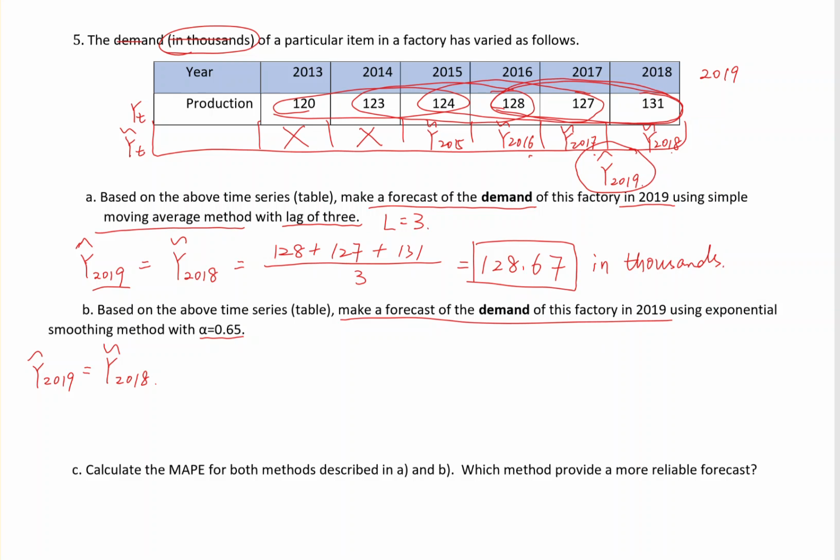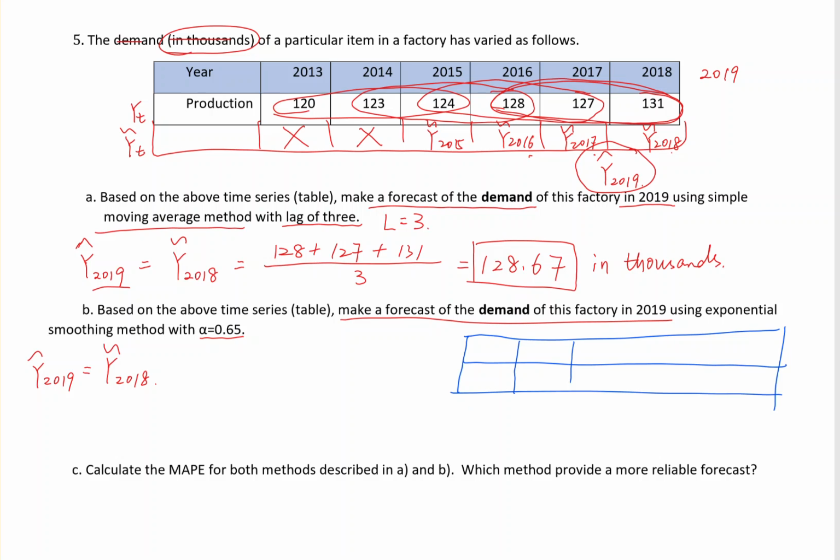Let me draw the table here so that it will not be messed up everywhere. Right, so we have 2013, 2014, 2015, 2016, 2018, 2019 outside, 120, 123, 124, 28, 127, 131.